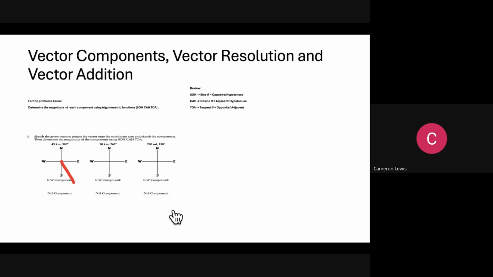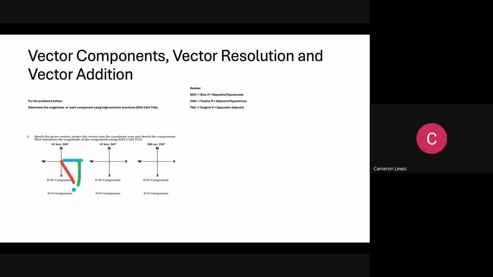So my east and west component, or my horizontal, is in blue, and my north and south component is in green.